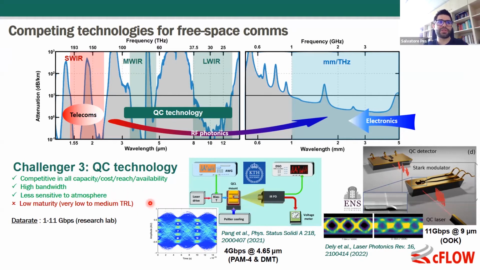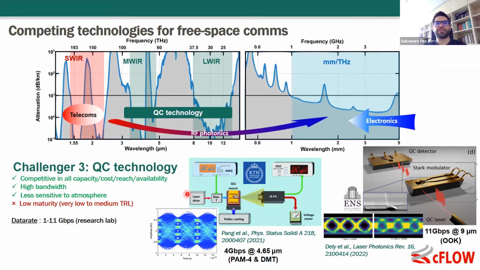But the problem is that we have a very low TRL, so very low maturity of devices. For the data rates, we are starting to have interesting results, because data rates between 1 and up to 11 gigabit per second have been demonstrated in a research lab.